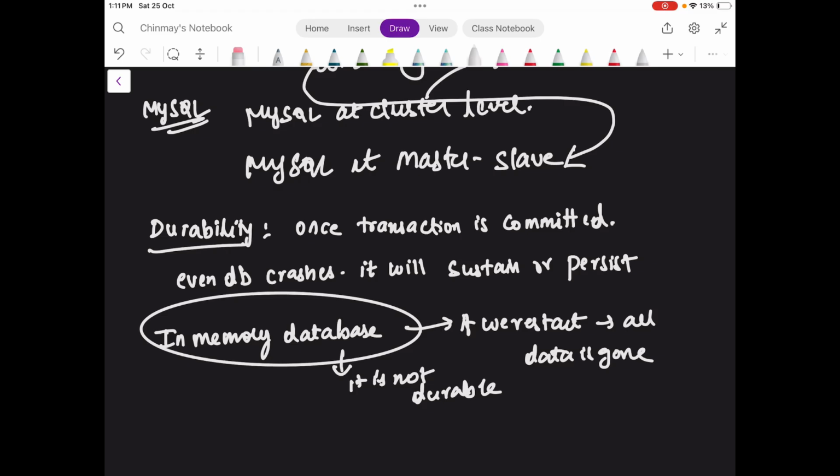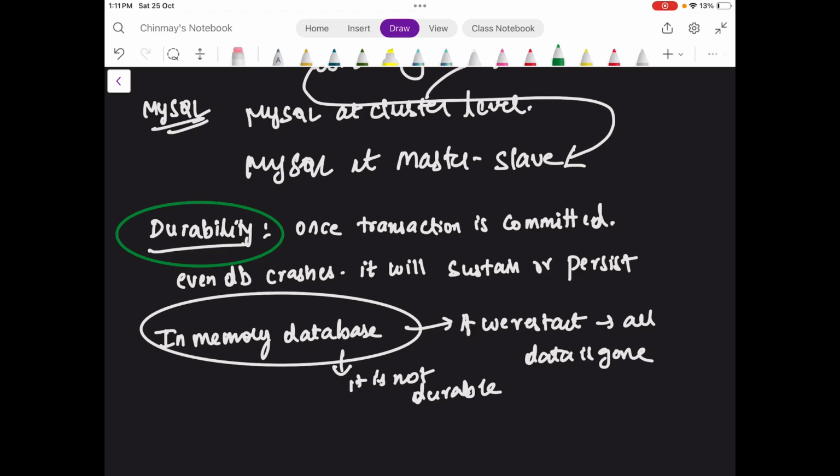Once a transaction is committed, even if you restart the database, even if your entire infrastructure crashes, and later you set up a new infrastructure, it still persists. It cannot revert back. That property is known as durability.